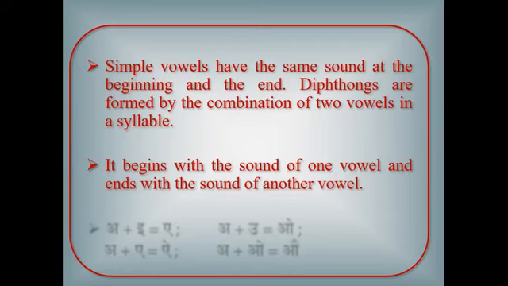The upper part of your mouth is called the palate. When you say the letter E, the tongue is parallel to the upper part of the mouth, either parallel or with a slight contact, or it will touch the palate. For uttering certain sounds, the tongue will touch the upper part. We will see that later. I will show you the picture also.